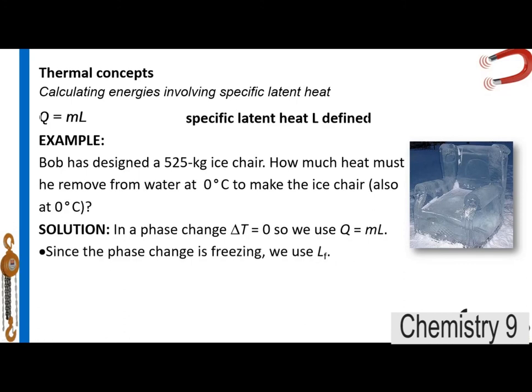Now, because the phase change is one of freezing, in other words, we're going from liquid water to ice. Remember, Bob is designing his ice chair, and he's removing heat from water in order for the water to become ice. In other words, it's freezing water. So because the phase change is freezing, we are going to use from the data the latent heat of freezing.